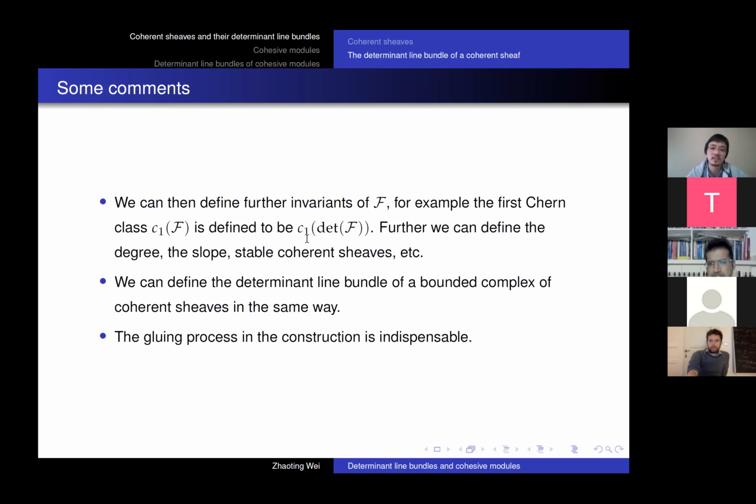We can also define the determinant line bundle of a bounded complex of coherent sheaves in the same way, just take the alternating tensor product of the determinant line bundles. And of course, this whole process is definitely a commutative geometry process. It depends on the local definition, and globally we glue them together canonically. So it's very commutative geometry.